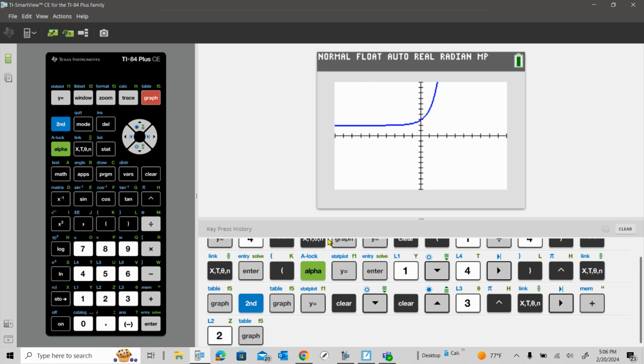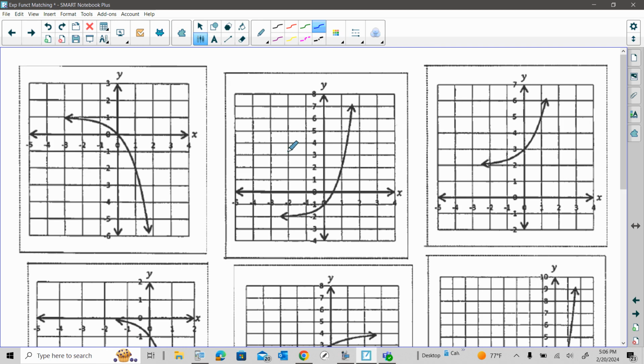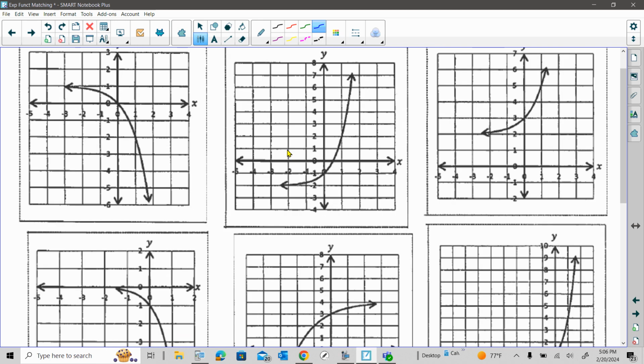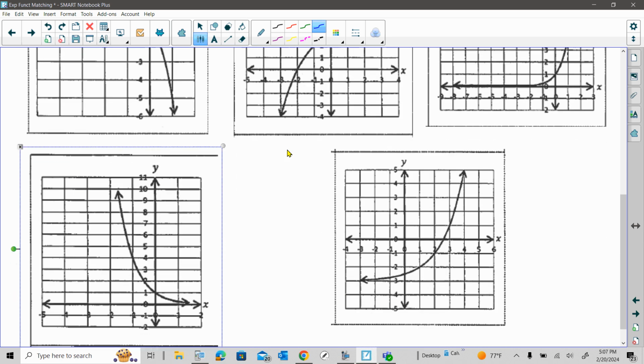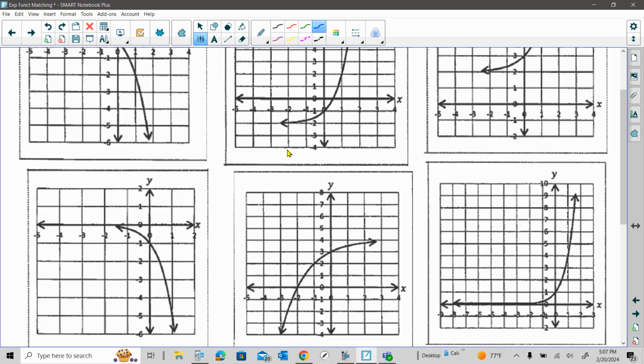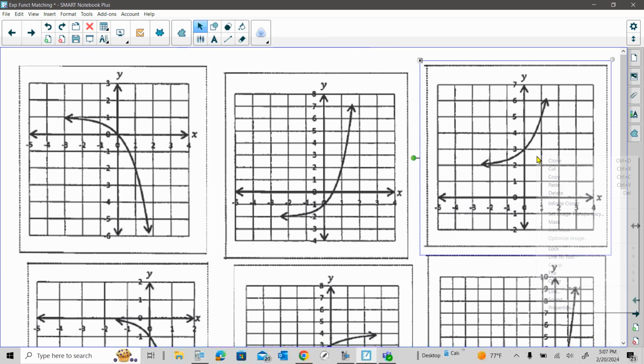We also need to extend this horizontal line. Because this was a growth graph and it was above the x-axis, the other one that is increasing and above the x-axis is right here.